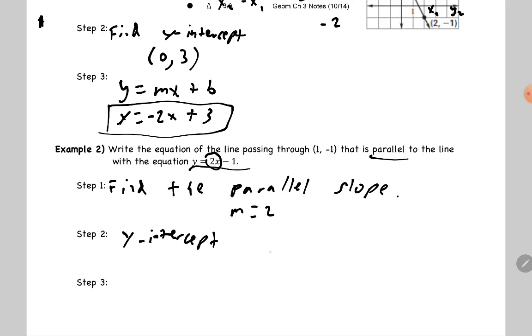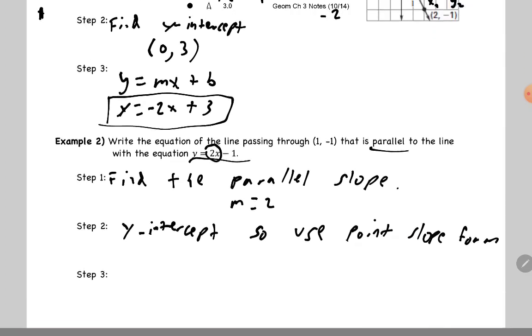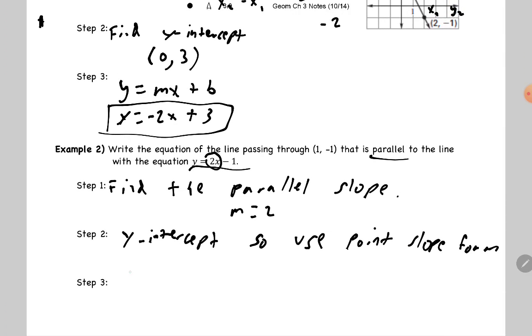Now, they don't give us one, so we have to use point slope. Okay, so y minus y1 equals m times x minus x1. They gave us a point, x1, y1, and we figured out our slope.